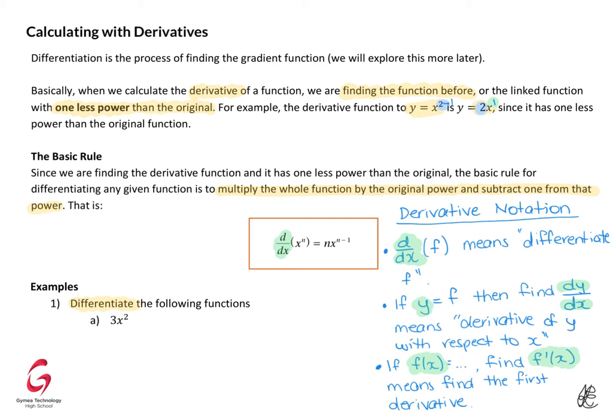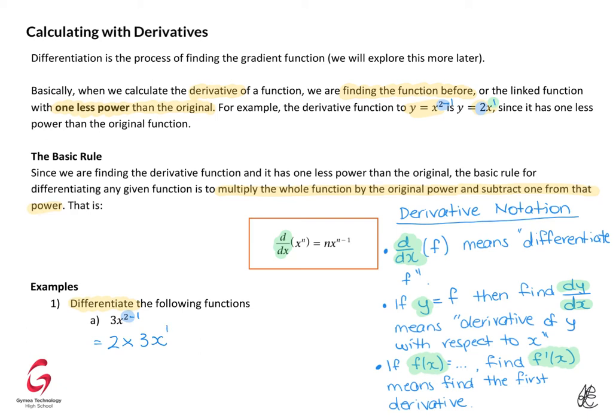So for this first example, all we want to do is bring this power of 2 down the front of our entire function and multiply it on. So we want 2 multiplied on to 3x, but before we write the power down, we need to subtract 1 from it. So 2 minus 1 gives me a new power of 1.